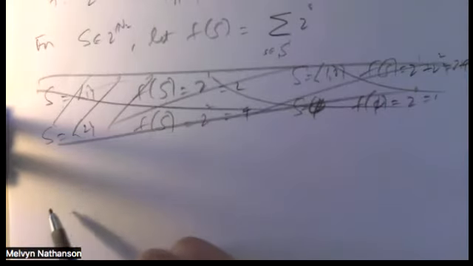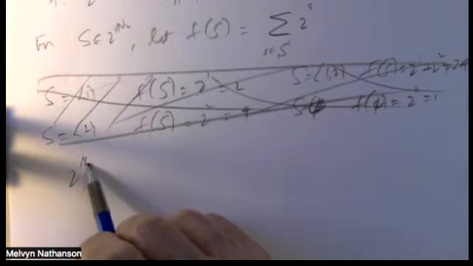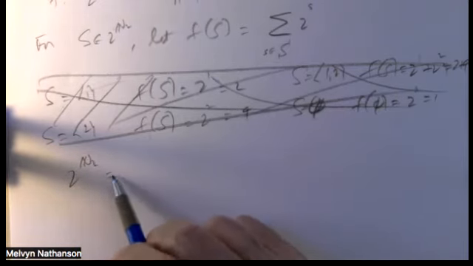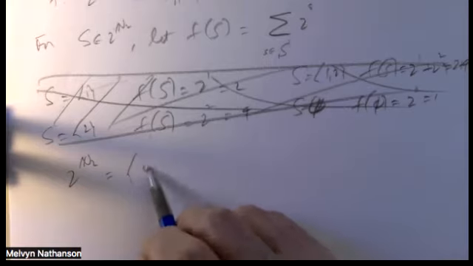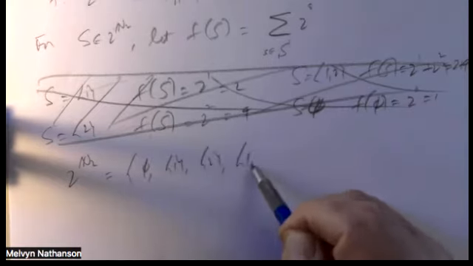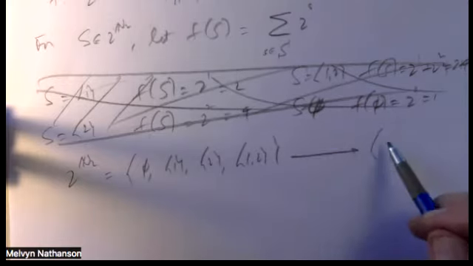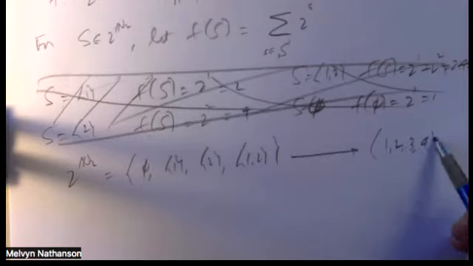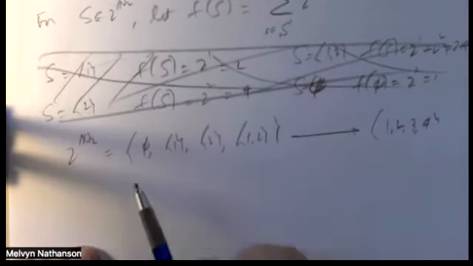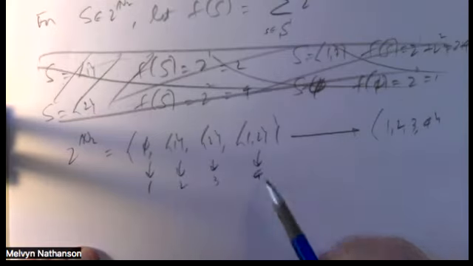Maybe we should just think of this step by step. So for example, for 2 to the N2, which is this set consisting of the empty set, 1, 2, and 1, 2, I can map that to the set 1, 2, 3, 4 just by saying this goes to 1, this goes to 2, this goes to 3, this goes to 4. That's all I have to do.